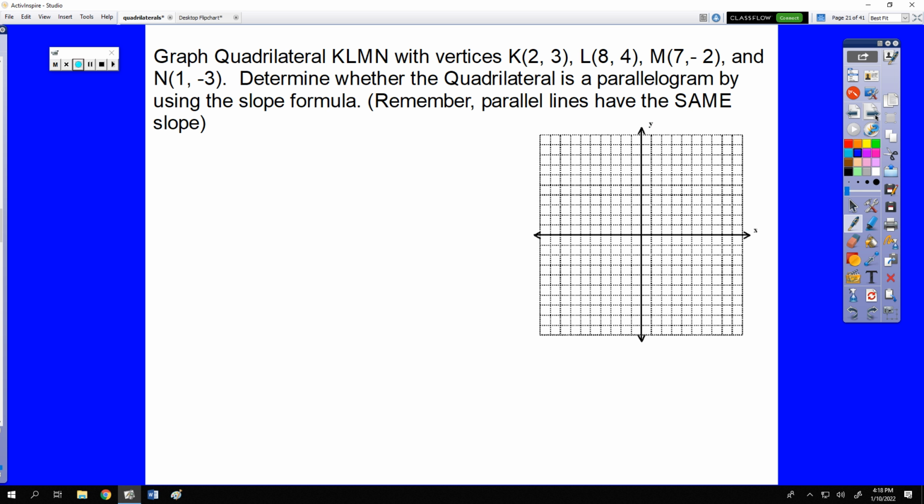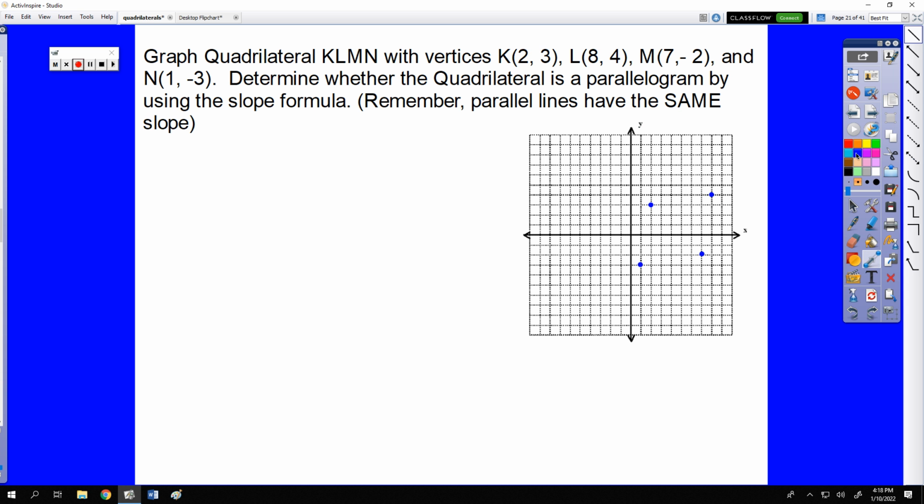So all of these problems start off the same way, and that is you need to graph the quadrilateral that's being discussed. So here in this example, K is located at point 2,3, L is located at 8,4, M is located at 7,-2, and N is located at 1,-3.